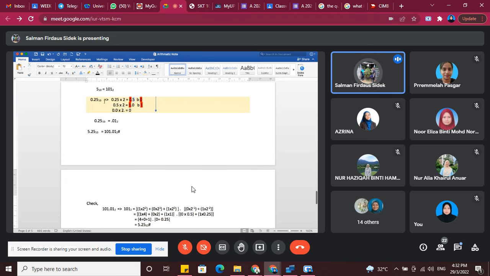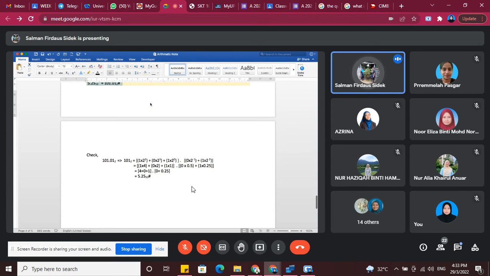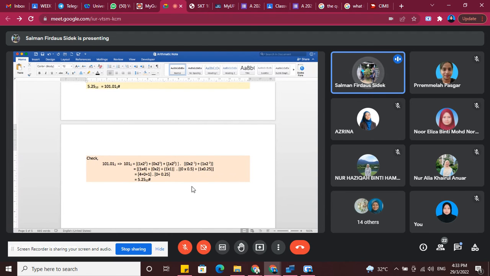So this step is from mana tadi? Okay, this one is from decimal to binary. Okay, this step is to check lah. So kalau nak convert from binary pun to decimal, this is the technique lah. Kena buat asing ni sebenarnya, dia kena pecah-pecahkan. Yang ni buat dekat atas. Yang ni buat dekat bawah.